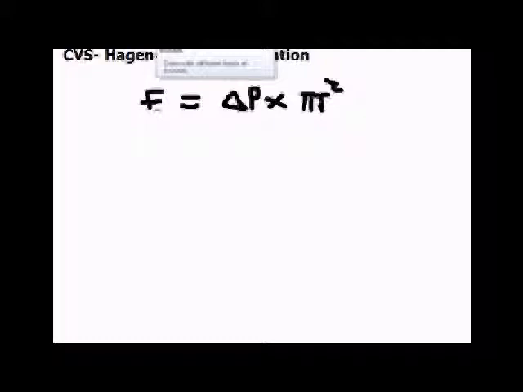Okay, so obviously we've got a force which is created by the pressure of the fluid, but then the question would be, if there is a force, according to Newton's second law, we're going to assume that the blood is going to be flowing at a constant rate. It means that there must be an opposing force.